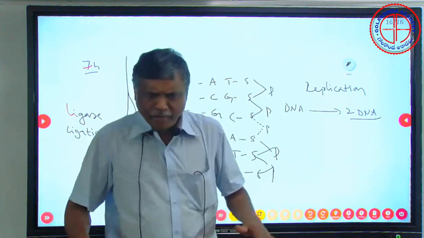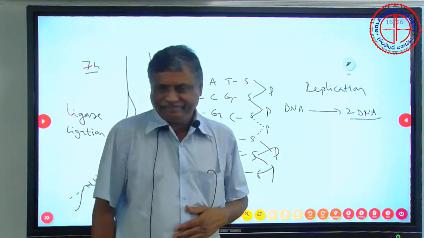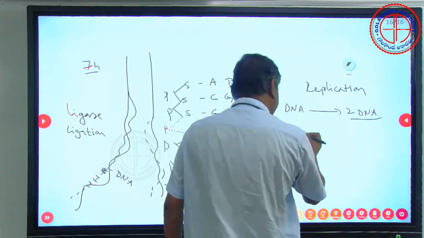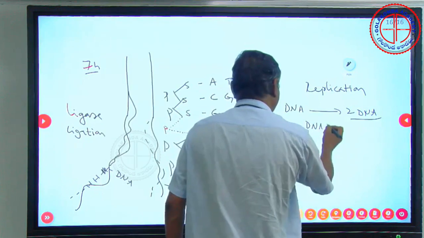Doubling of DNA. This process is controlled and catalyzed by an enzyme known as DNA polymerase 1.